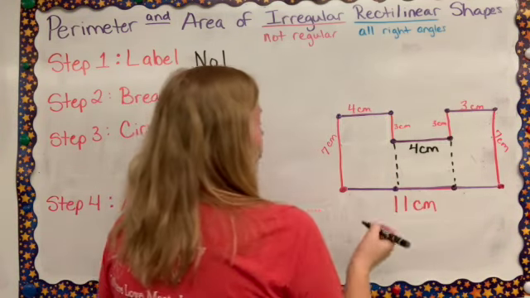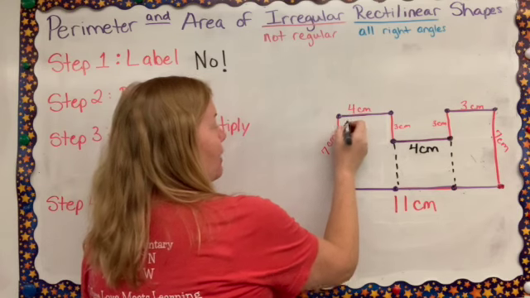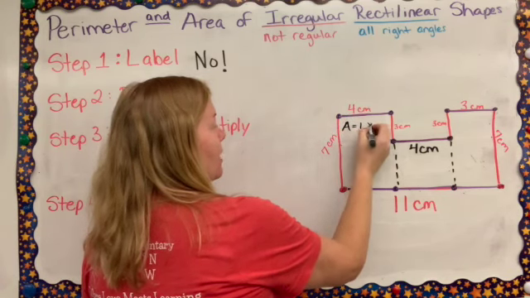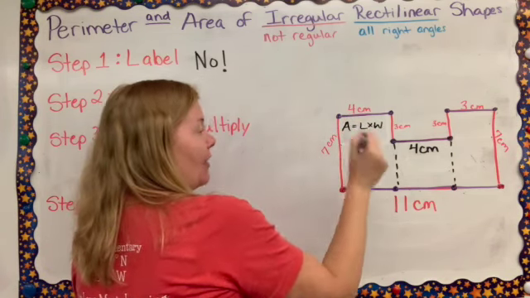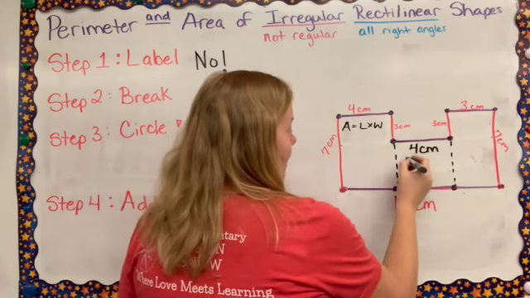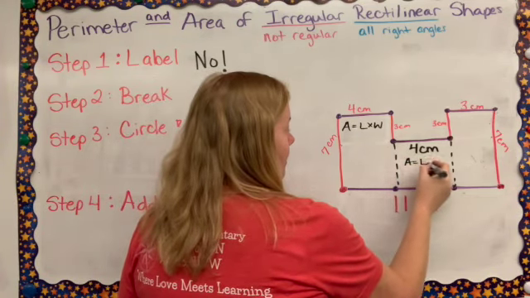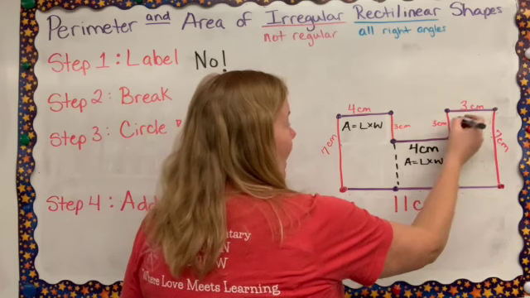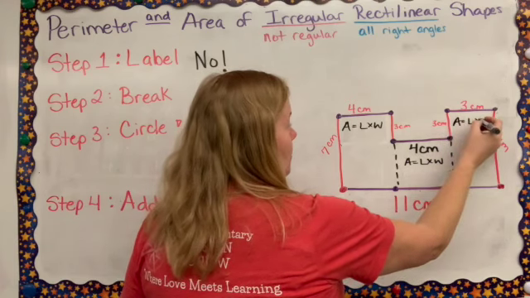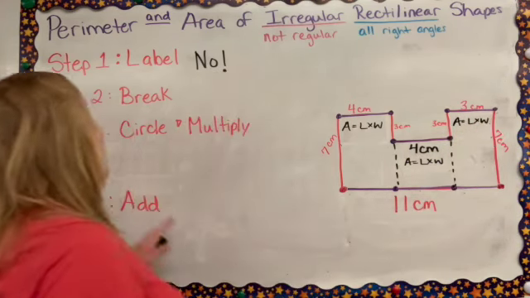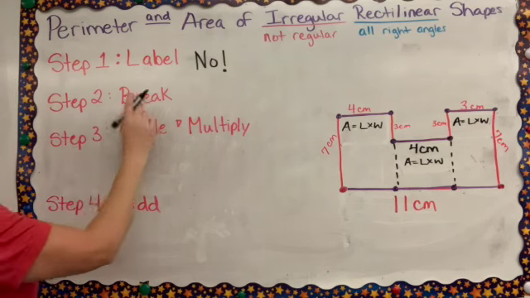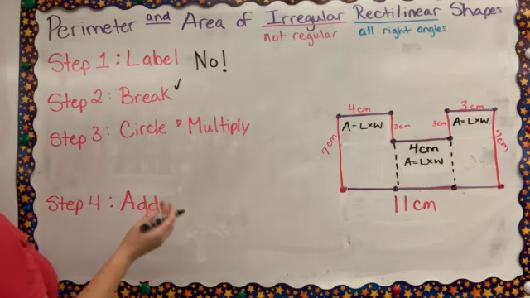I need to use my area formula. Area equals length times width. I've got to find the area of this one. I've got to find the area of this one. And I have to find the area of this one. So when I go over here, I've broken it. Yes, we will see that it's been broken.